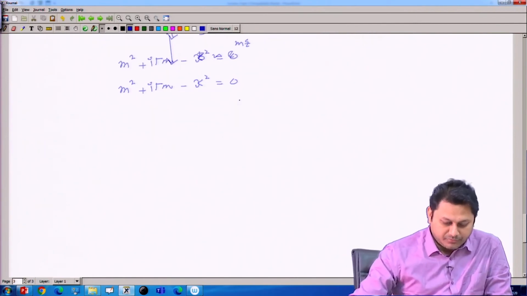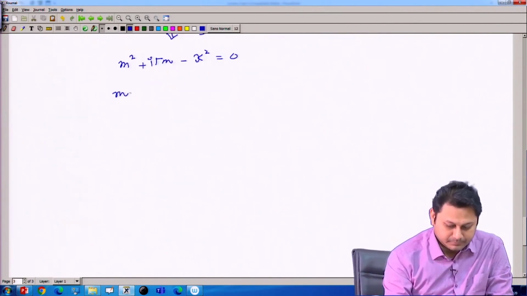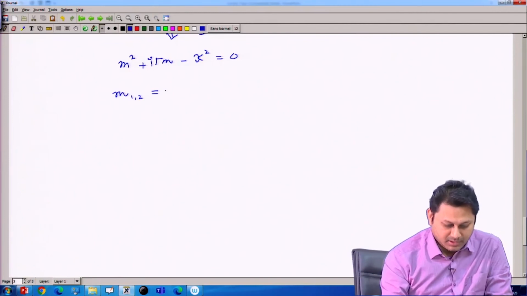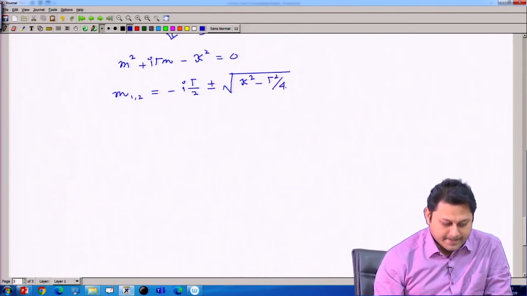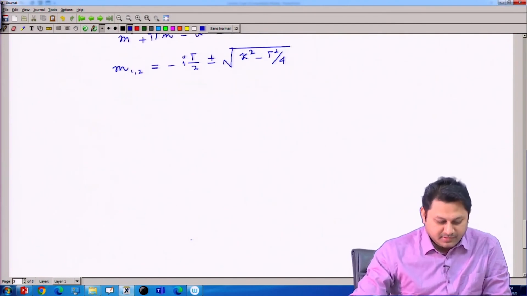So, the value of m, say m1,2, there will be two roots of this equation, and one can write these two roots as this, which we have used several times. Okay, so these are the two roots m1,2.